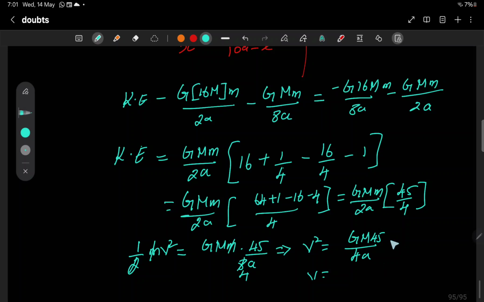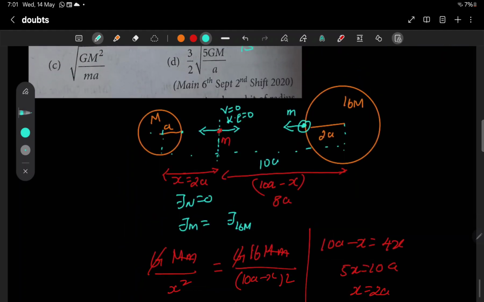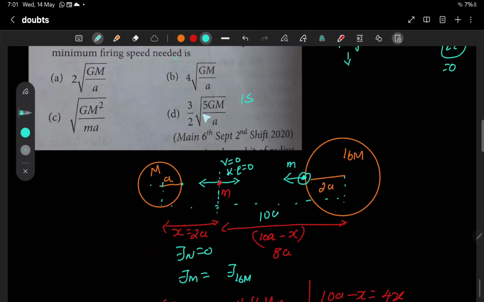So I can write this as 9 into 5; 9 fives are 45. So this is 4. So 5 GM by a. So if you take square root on both sides you will get 3 by 2 times root of 5GM by a. So 3 by 2 root 5. So option D is correct.